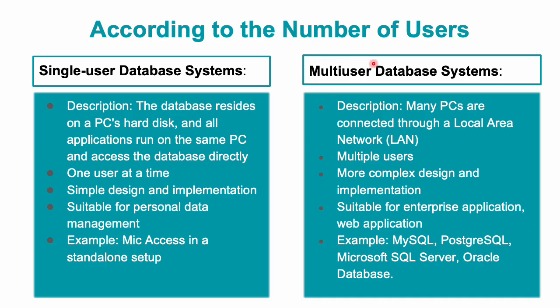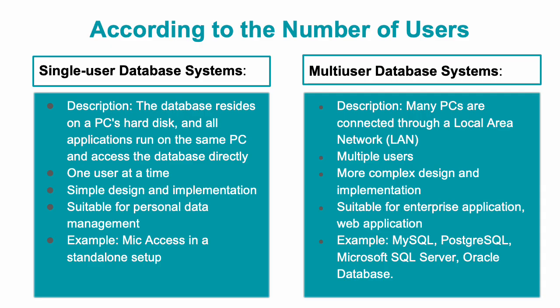Meanwhile, the multi-user database system is designed for multiple users to access simultaneously, and it handles multiple users concurrently, managing conflicts and ensuring data consistency. It is more complex, requiring mechanisms for concurrency control, locking, and transaction management to prevent issues like data corruption.